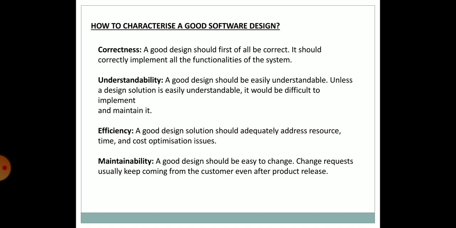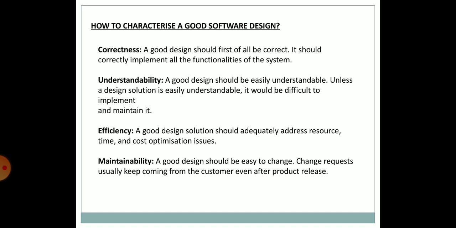And the next one is maintainability. A good design should be easy to change, because our requirements always change with time. For any software, whether generic purpose or specific purpose, the software needs to be changed over time. No requirements remain constant for a long time. So a good design should be easy to change.